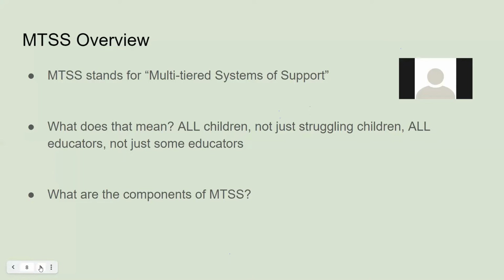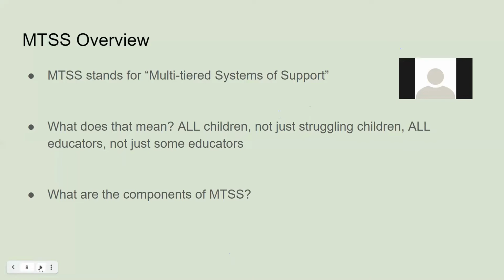And so what does all that mean? What is a multi-tiered system of support, and what does that mean for me? Well, what it means is that we focus on building systems that support all children, not just struggling children. And here's another piece of it, all educators, not just some educators.